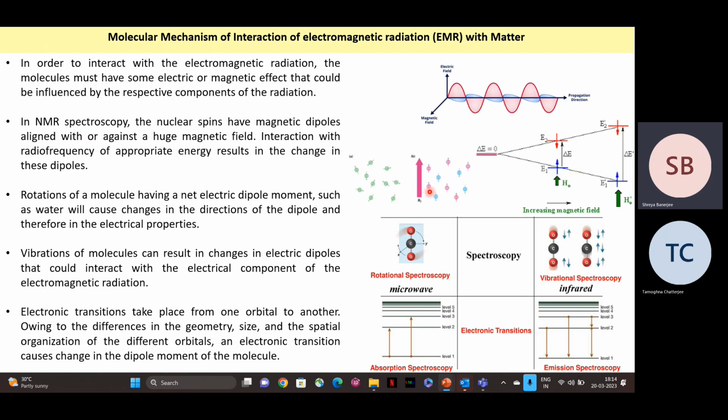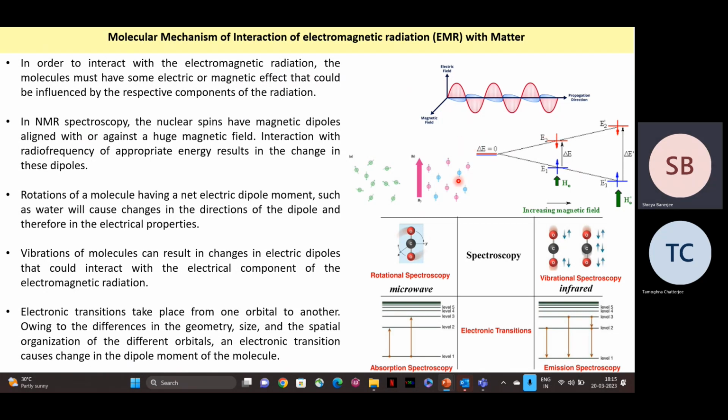If the spin is oriented parallel to the external magnetic field, the energy is lower and it creates the ground state. And if the spin is anti-parallel to the external magnetic field, the energy is higher and it creates the excited state. So in this case, if you supply an electromagnetic wave, the nucleus will be promoted from the lower level to the upper level.